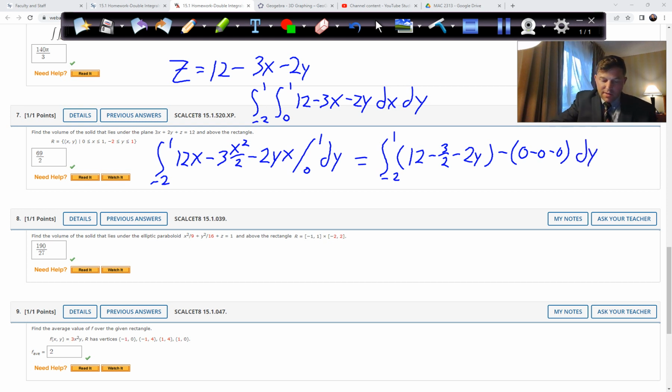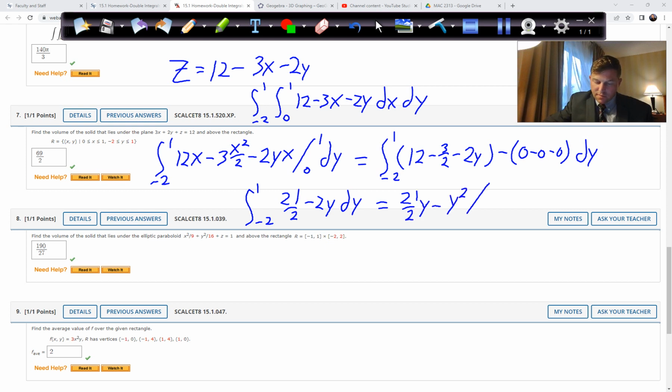So now we have the antiderivative of minus 2 to 1, 12 minus 3 halves will turn out to be 21 halves minus the 2y, with respect to y. This is going to equal 21 halves times y minus y squared from minus 2 to 1.